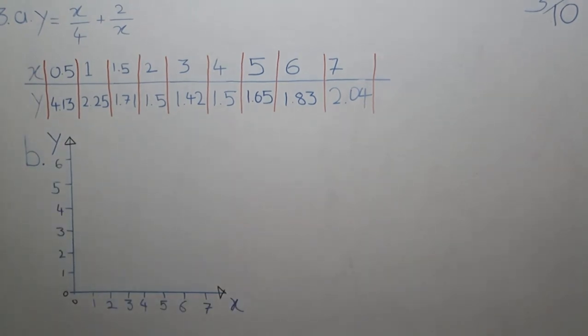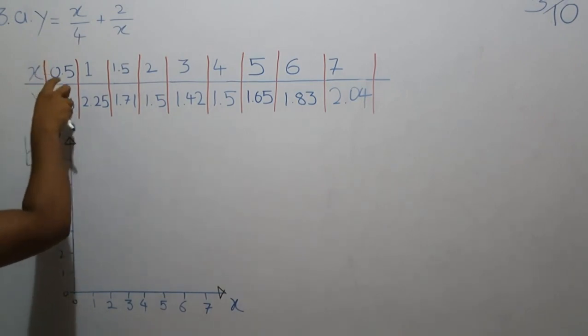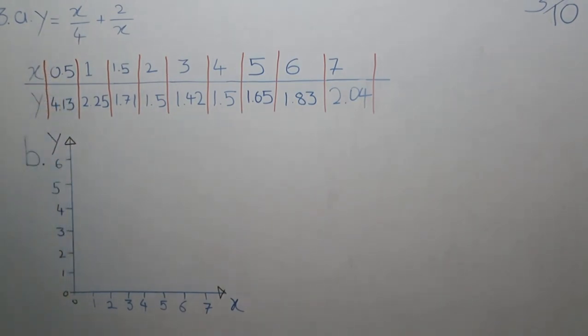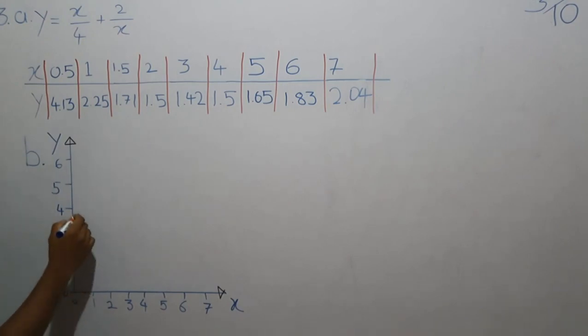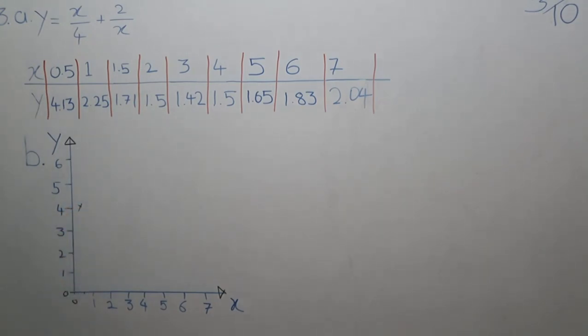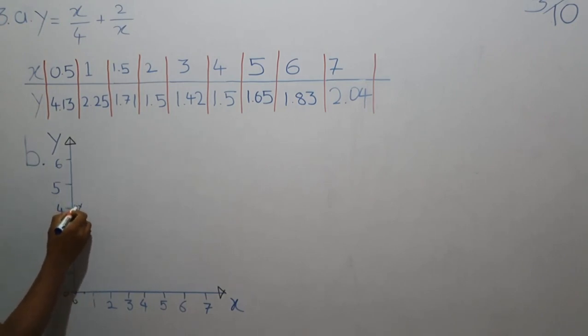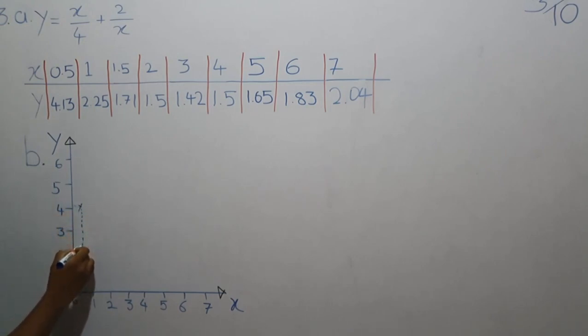So for part B, mark the first point, 0.5 on the x-axis and 4.13 on the y-axis, somewhere here. Then 1 on the x-axis, y is 2.25.